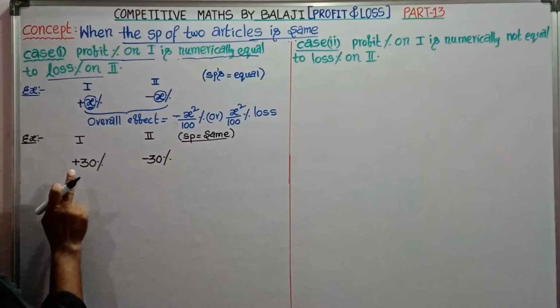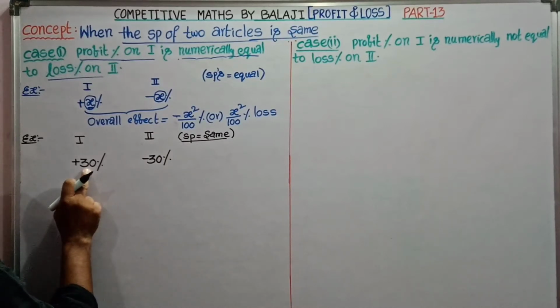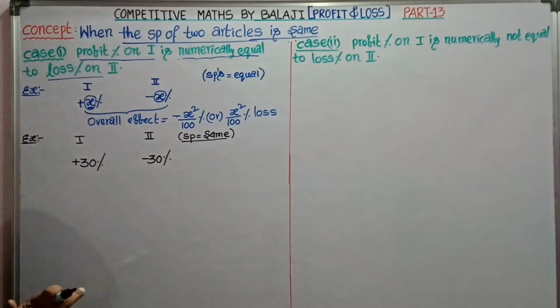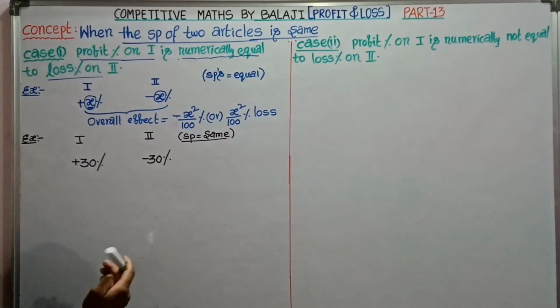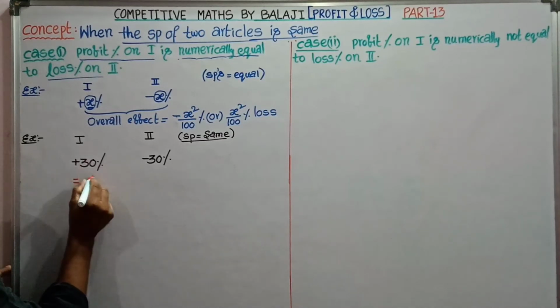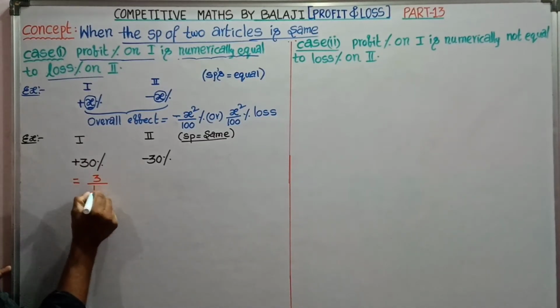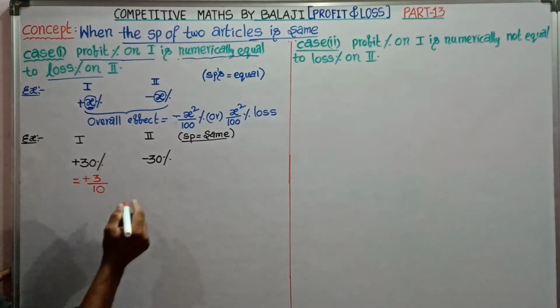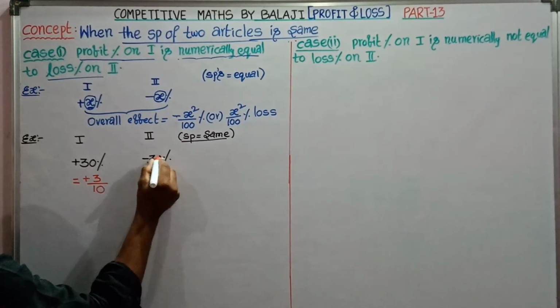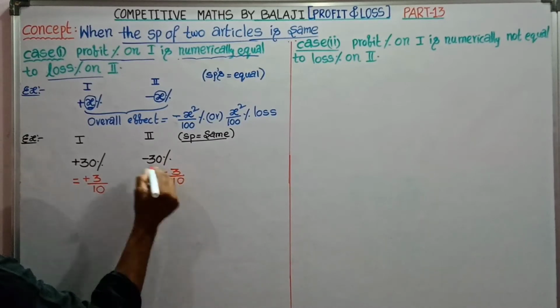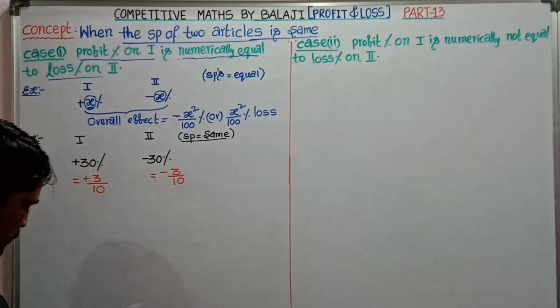That means the profit percentage on the first pen is numerically equal to the loss percentage on the second pen. The fraction value of 30% is 3 by 10. Since it is profit, we denote it with a plus symbol. And since it is loss, we denote it with a negative.